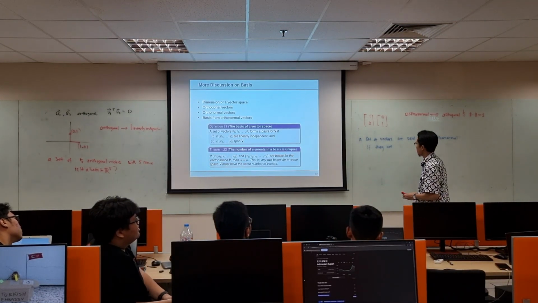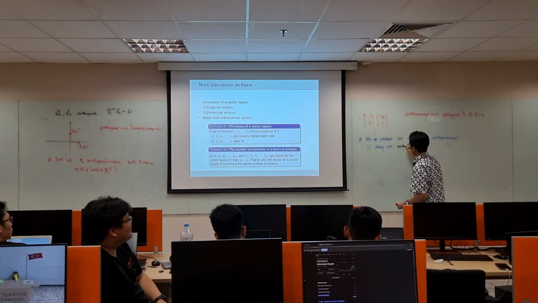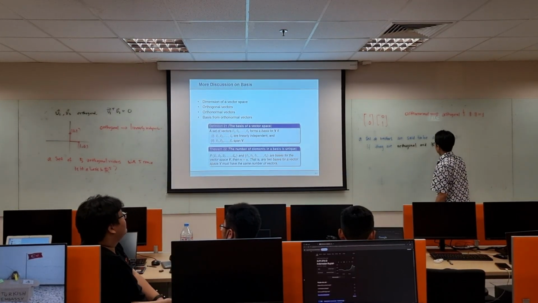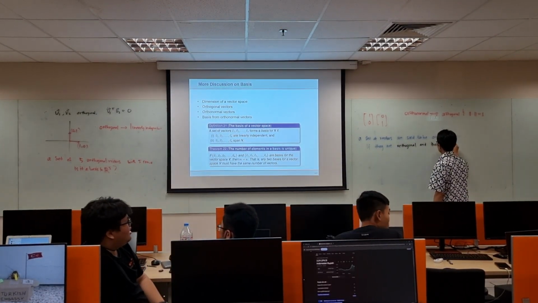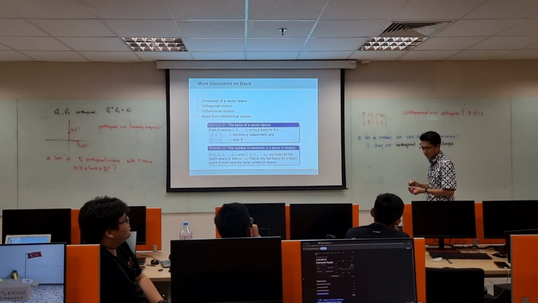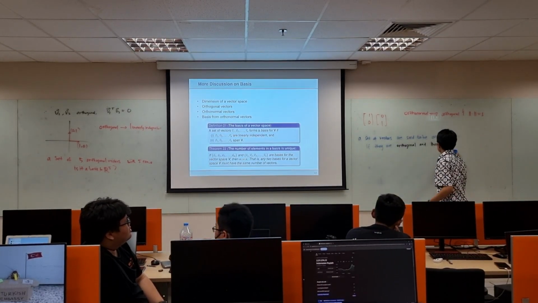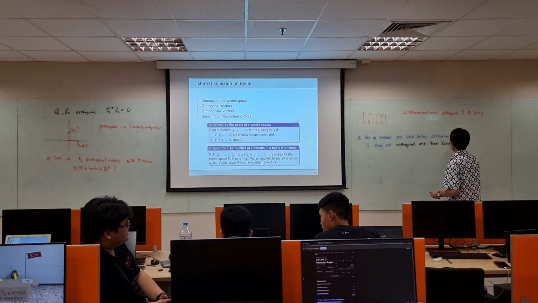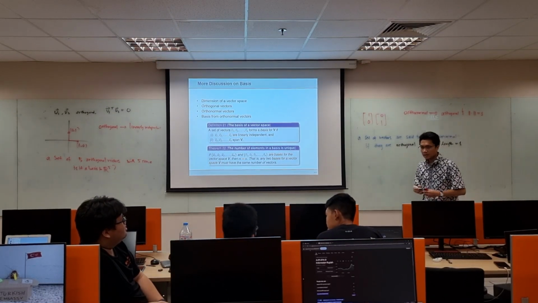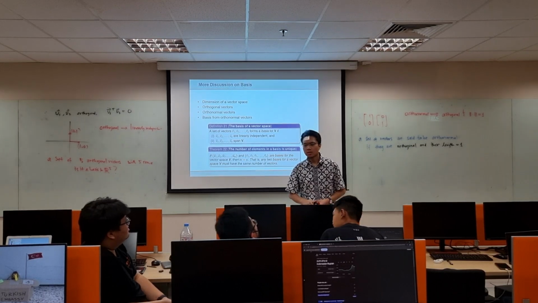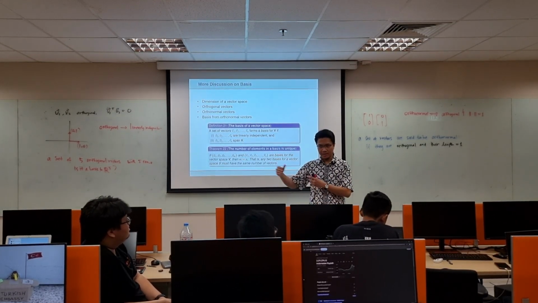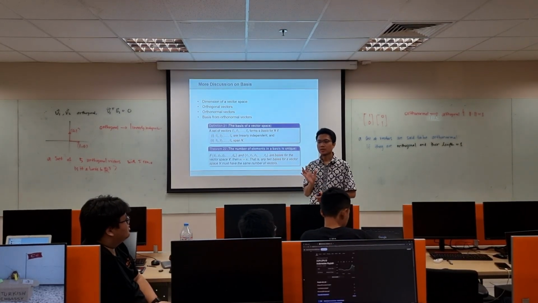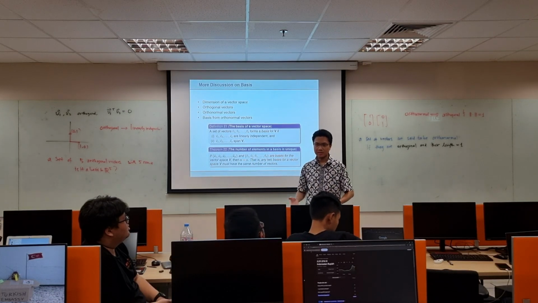If they are orthogonal and the length is equal to 1, then they are orthonormal. Orthonormal must be a collection of vectors. You cannot say that (1, 0) is orthonormal.